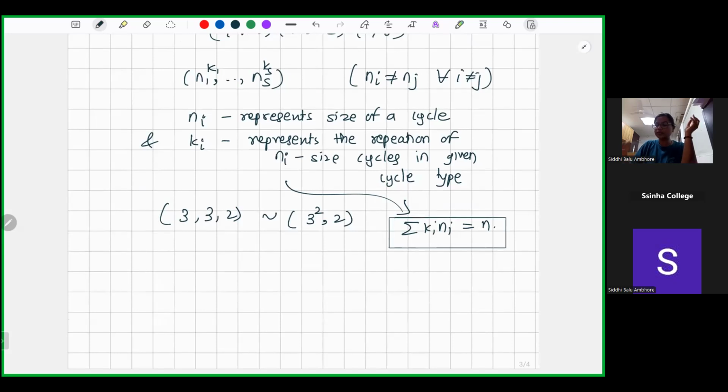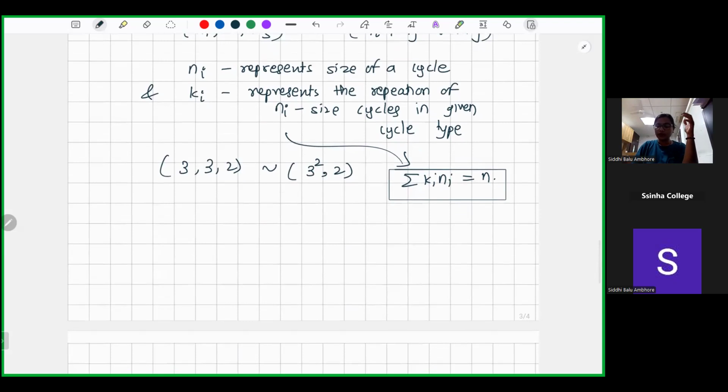It is still a cycle type, but we are writing it in compact form. So here N1 is 3, N2 is 2, K1 is 2, and K2 is 1.